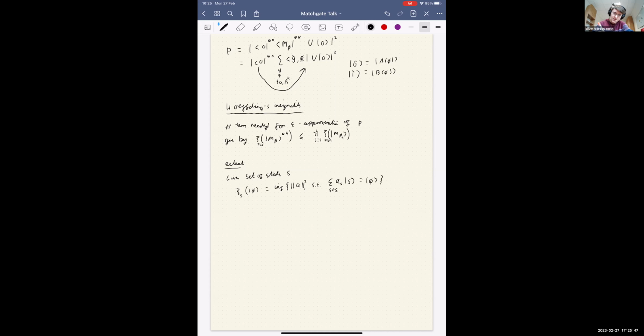It's the minimum 1 norm squared such that you can come up with some decomposition of phi in terms of your free states. Okay, so here S is the FLO states.